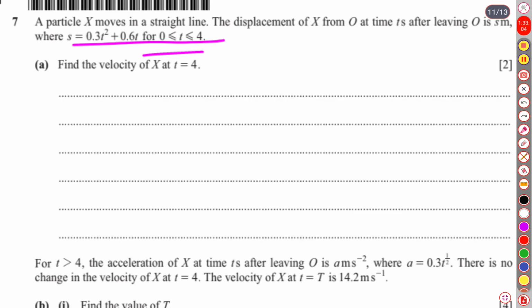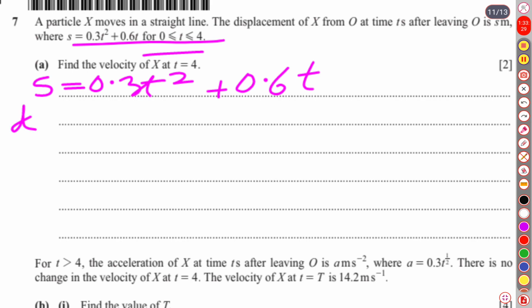So first let us write s equal to 0.3t² + 0.6t. From displacement, to go back to velocity, we have to find the derivative of this.